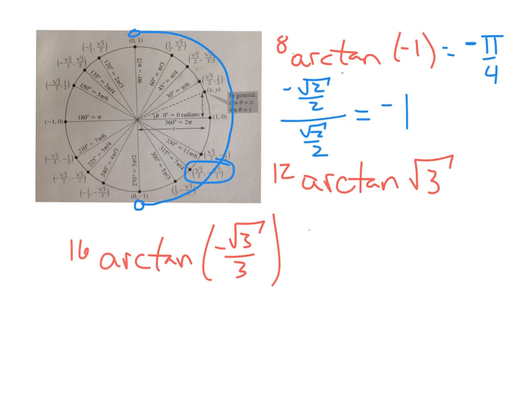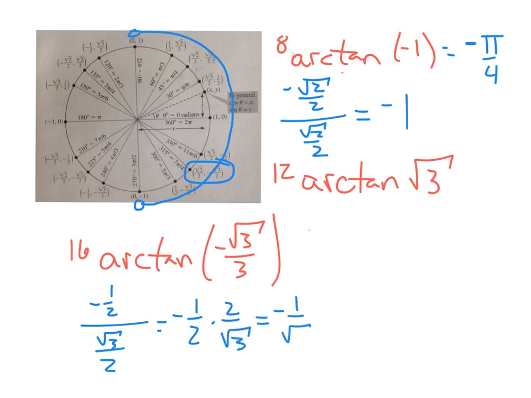Tangent of what angle gives us negative radical 3 over 3? Okay, well, remember we're doing y over x, and so really you've got to be thinking of either this angle or this angle, and maybe you don't do it right the first time, but y over x. So if we said negative 1/2 over radical 3 over 2, this is your keep, change, flip thing that you guys like to say, so this would be negative 1/2 times 2 over radical 3, which would be negative 1 over radical 3.